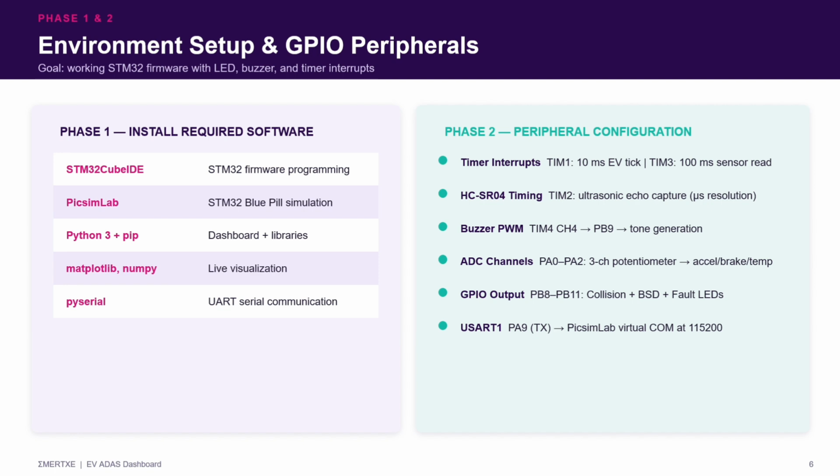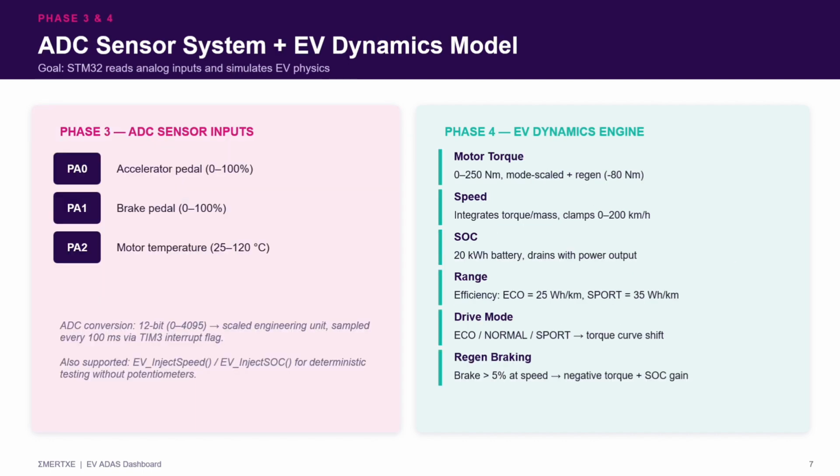On the peripheral side, we have configured Timer 1 for the 10 millisecond EV tick, Timer 3 for 100 millisecond sensor reads, Timer 2 for ultrasonic echo capture, and a timer for PWM for the buzzer. ADC channels PA0 to PA2 are for the potentiometers, and USART1 on PA9 talks to the Proteus virtual COM port at 115200 baud.